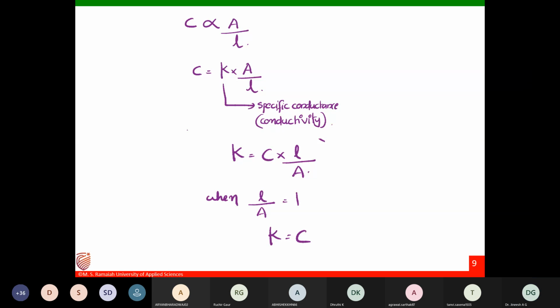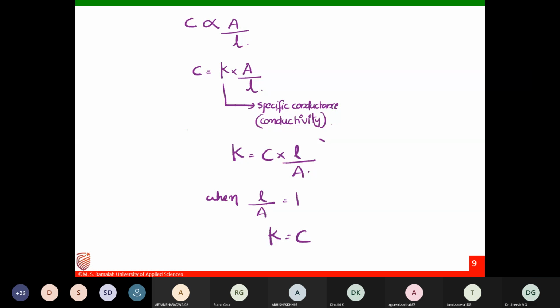Right? Yes, sir. Now I am going to define conductivity. Conductivity, which is kappa, is the conductance offered by a solution of unit length and unit area of cross section. Or, conductivity of a solution is the conductance offered by a solution having cell constant 1.